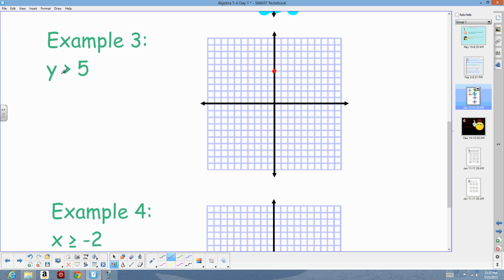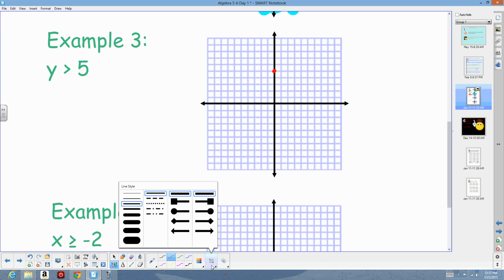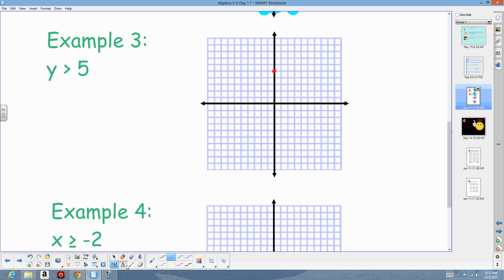Because it's a greater than, it's not going to be a solid line, it's going to be a dotted line. Put arrows on both ends to show that it keeps going in both directions.